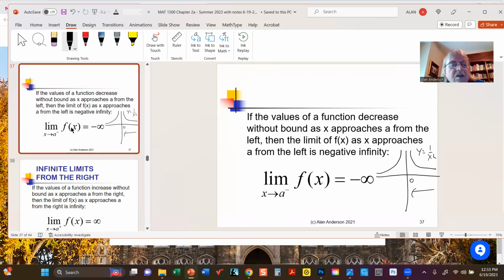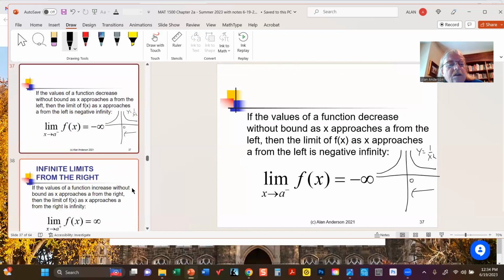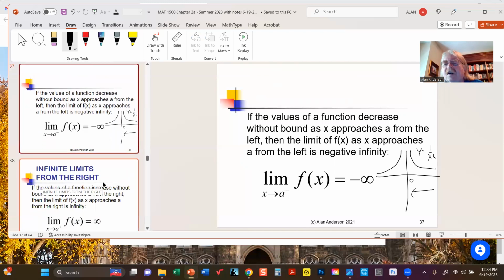Oh, wait, I'm sorry. It looks like I got it backwards here. This one is positive. Oh, no. I see what happened. Okay. Sorry, my confusion. We're still referring to the left here in this graph. From the right.